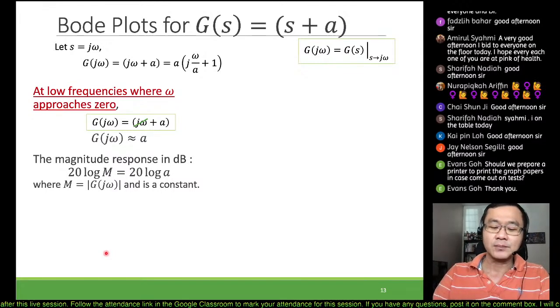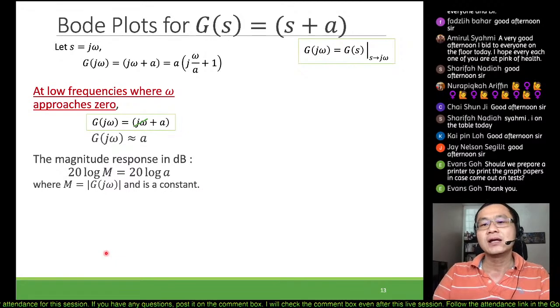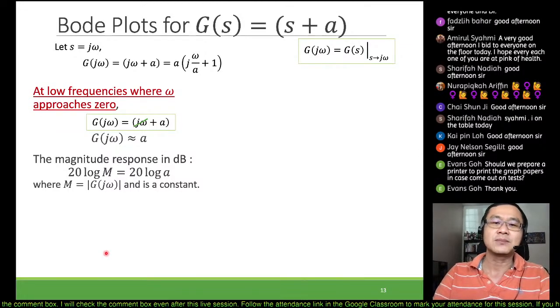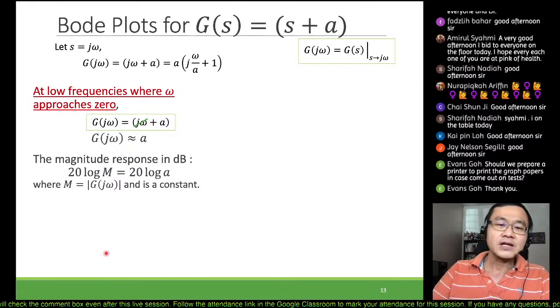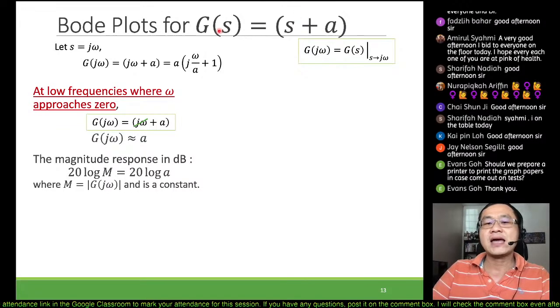Not necessarily is whatever is generated by software like Scilab or MATLAB correct, because it depends on the input of whatever parameters we input to the system or the computer itself. So we will start off with the function G(s) = s + a.